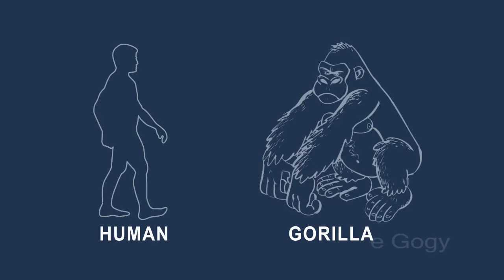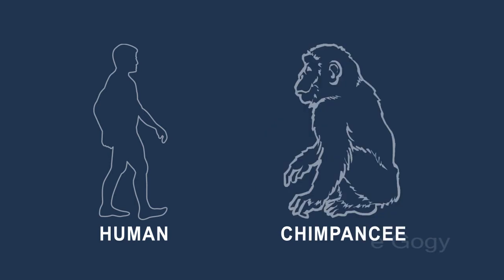The difference between the hemoglobin beta chain of the gorilla and a human is only one amino acid. In chimpanzees, however, there is no change in the hemoglobin beta chain. Hence, in evolution, the chimpanzee comes very close to a human being.